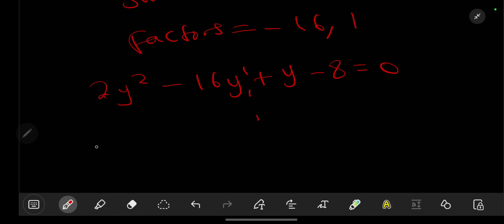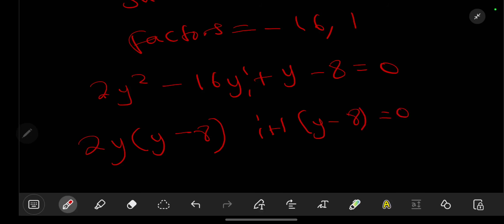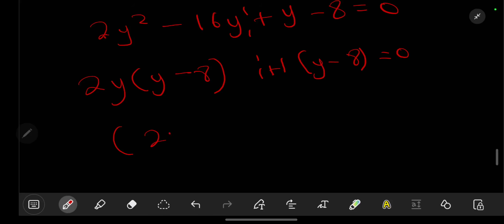So we have 2 is common and the y is common. Then we are remaining with y minus 16 divided by 2 is 8, like that. Here we have 1 is common, so positive 1 is common. Open brackets, we are remaining with 1, doesn't change anything. So the brackets are matching up. So we have 2y plus 1 and y minus 8. This should be equal to 0.